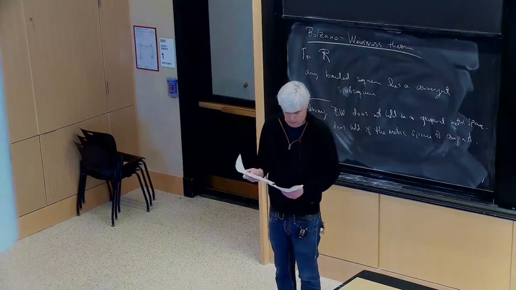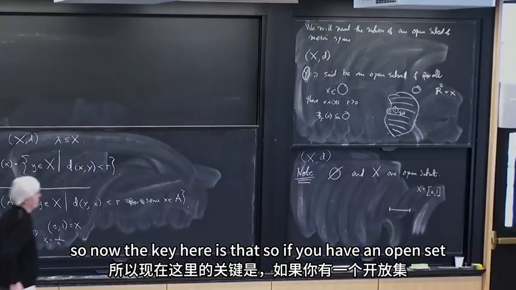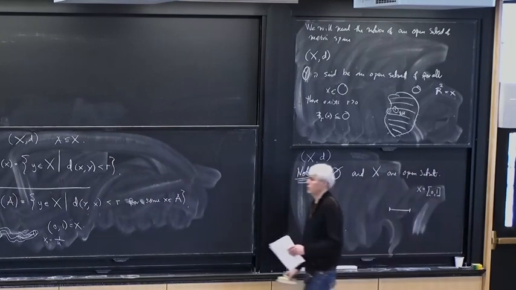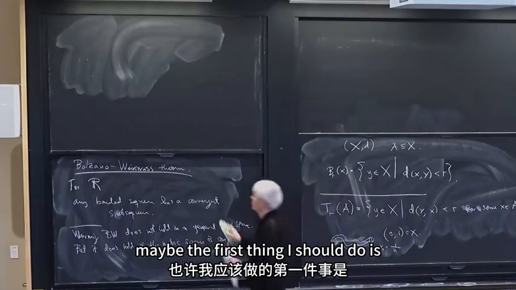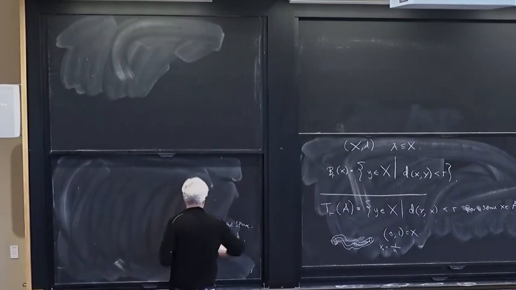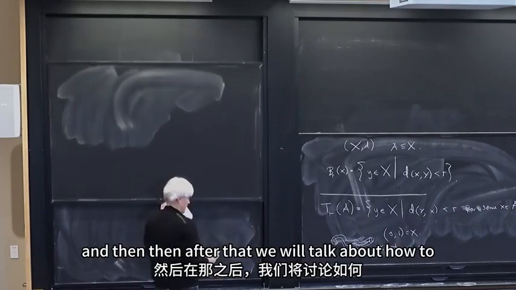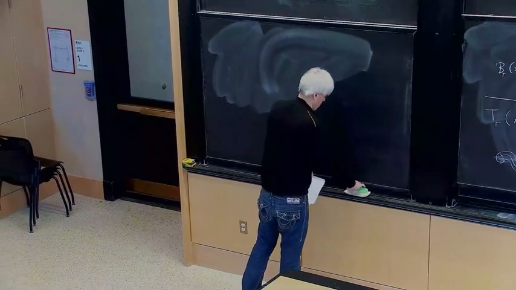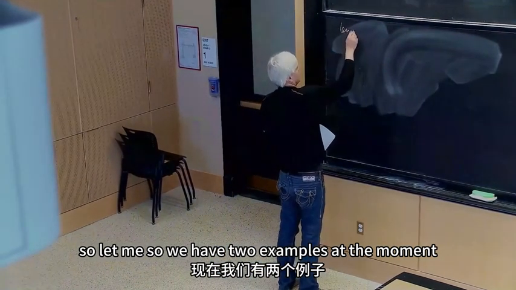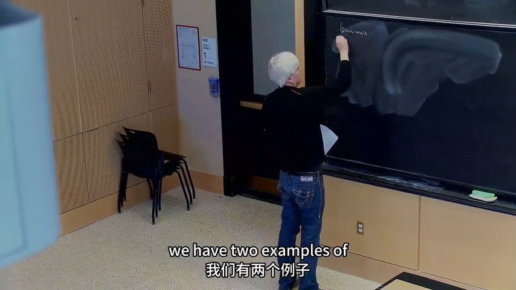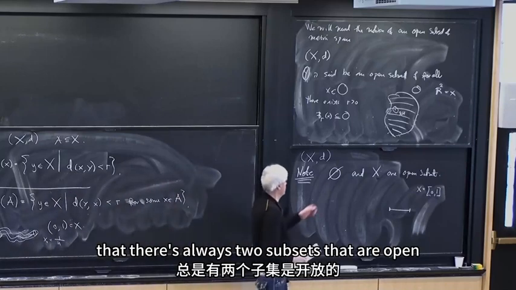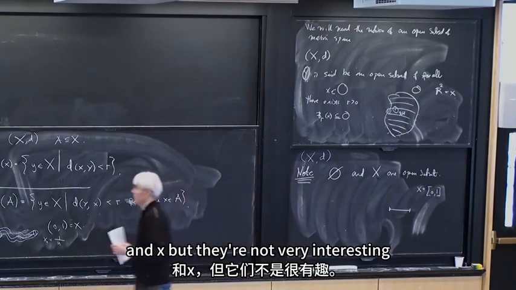So now the key here is, if you have an open set, how do you construct more? Maybe the first thing I should do is prove a lemma, and after that, we will talk about how to get lots of open sets. At the moment, we have two examples: if you take a metric space, there are always two open subsets, the empty set and X, but they're not very interesting.